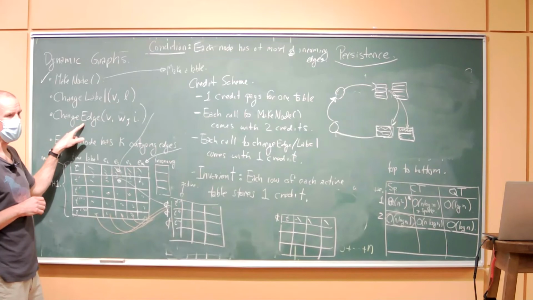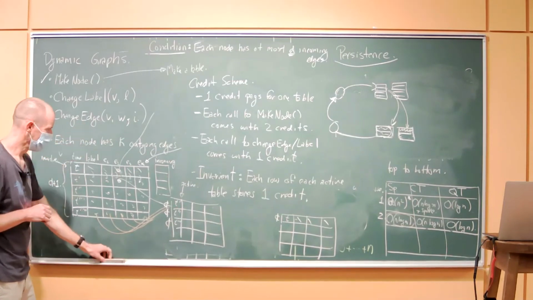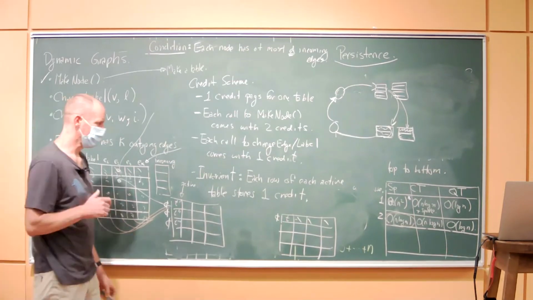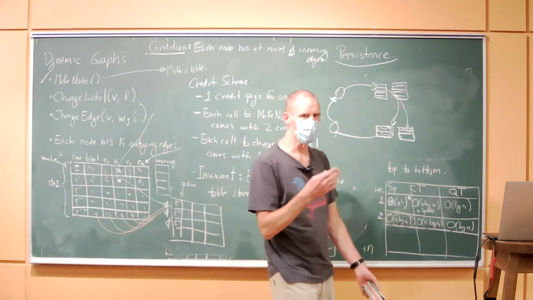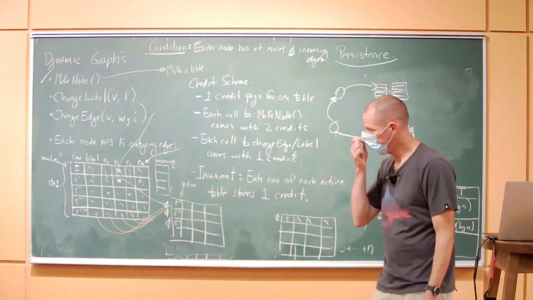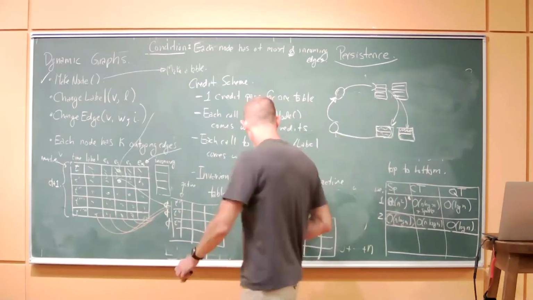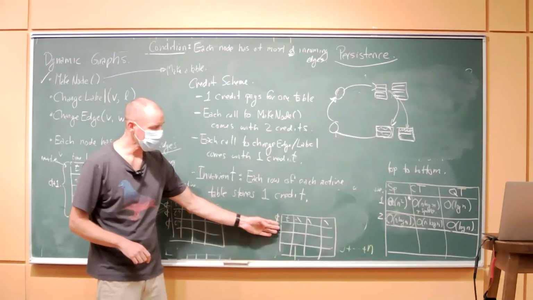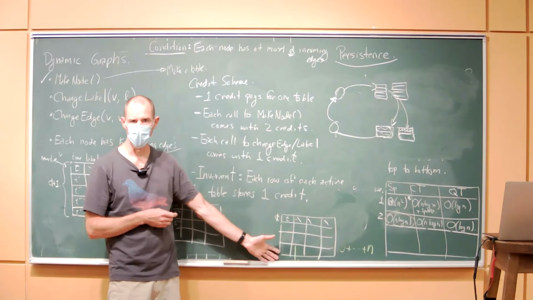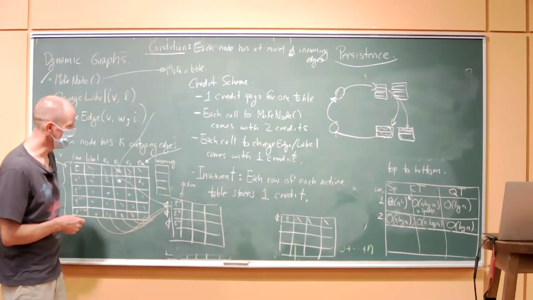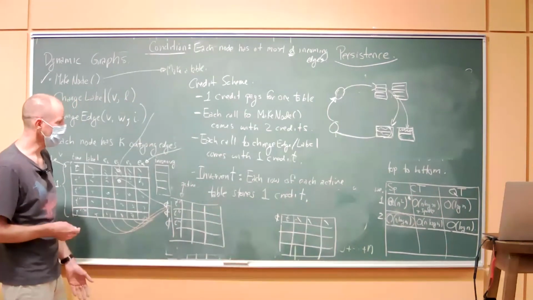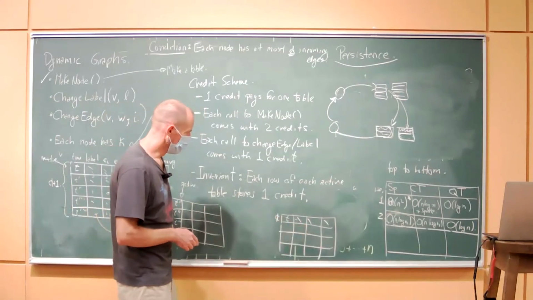Let's look at change edge. Well, change edge, there's sort of 2 cases, right? There's the easy case and the hard case. The easy case is you have a table like this that still has 1 or more empty rows in it. And you come along and you say, okay, I want you to change one of the edges.